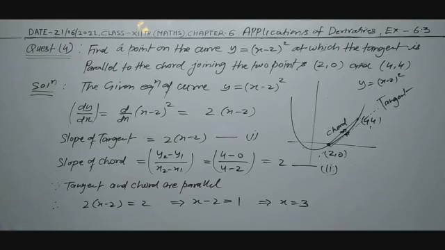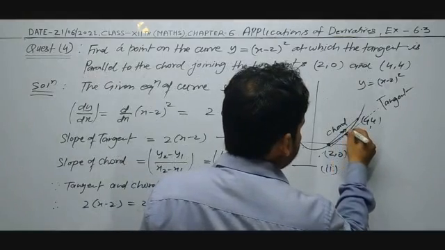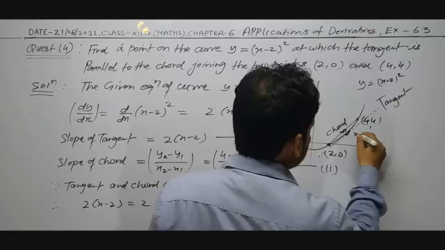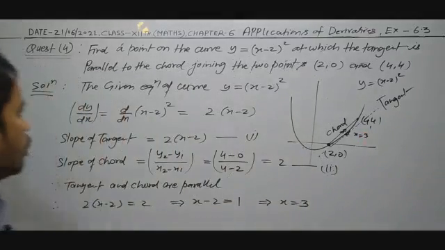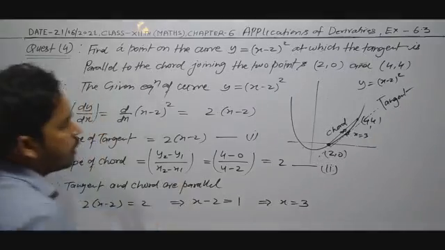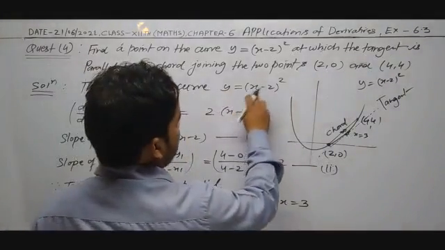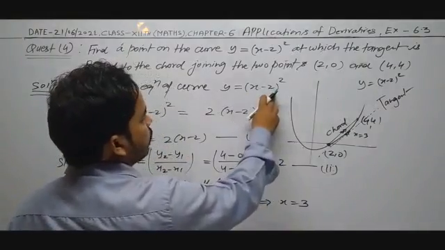At x is equal to 3, suppose this is the point x is equal to 3. We have to find the point. Then x is equal to 3, you put in the given equation and you will get y. When x is equal to 3, (3 - 2) is 1, and 1 squared is 1.